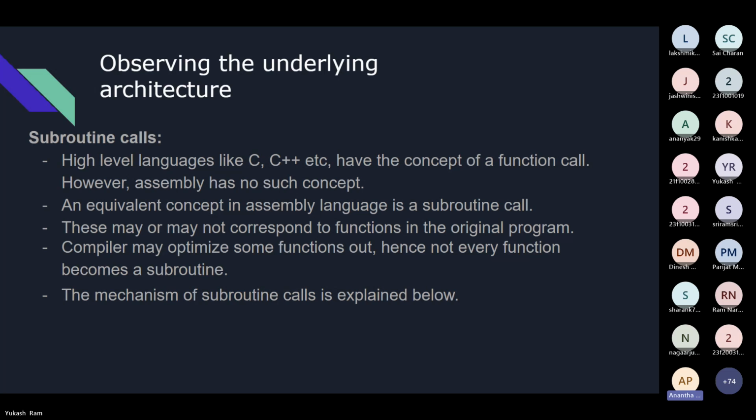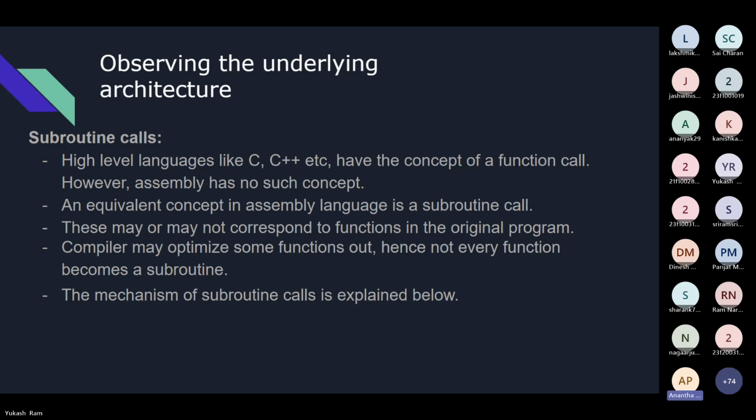Now I'll say what a subroutine is. I told you, in assembly there is no concept of a function, specifically a function call. So in a normal program, like a C program, you can define another function somewhere outside the main function, and you can call it in the main function.